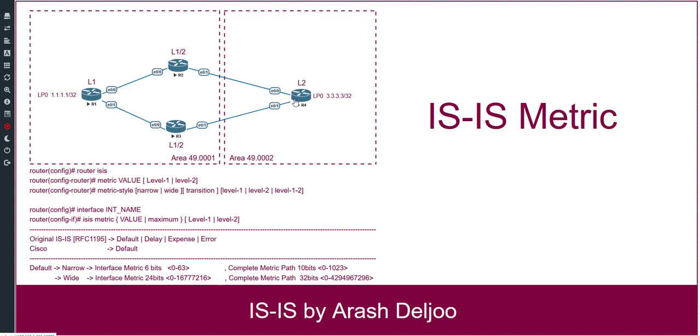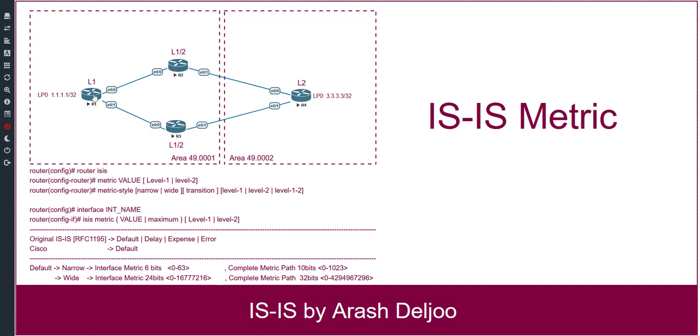In IS-IS, the metric calculation is based on the total path metric, the metric of all interfaces in the path. In R1, for example, we have Ethernet 0/0. The default metric for this interface is a value, for example, 10. In Cisco, we are using 10. And the default metric for Ethernet 0/1 of router 2 is also 10.